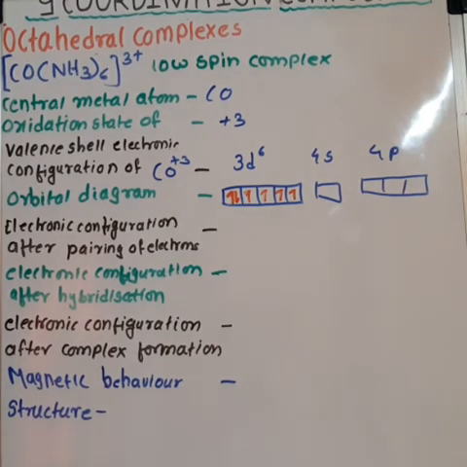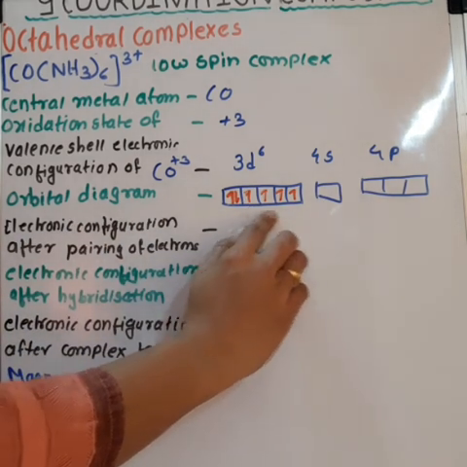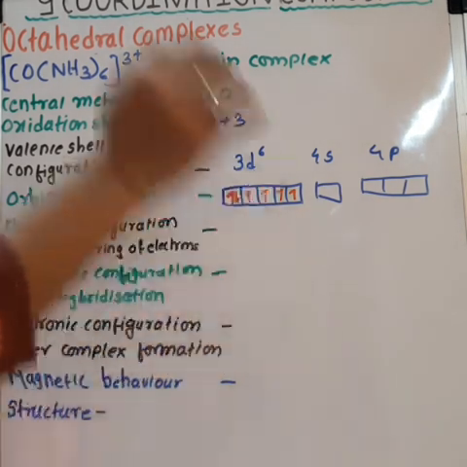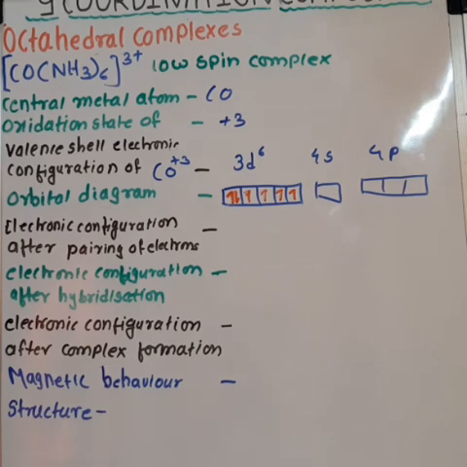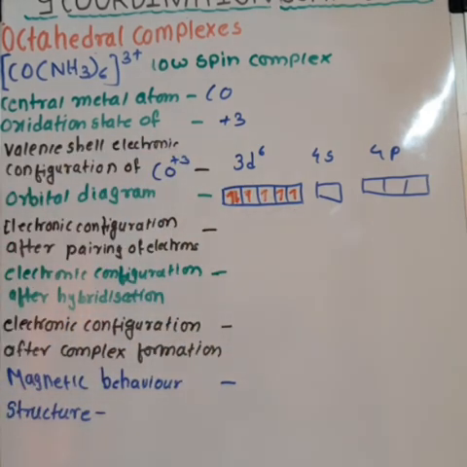Now, as this complex is a low spin complex, the electrons of the metal atom are forced to pair before hybridization. As the central metal atom provides d orbitals for hybridization in coordination complexes according to VBT, in low spin complexes the electrons of the (n-1)d orbital are forced to pair before hybridization to make the d orbitals available for hybridization.